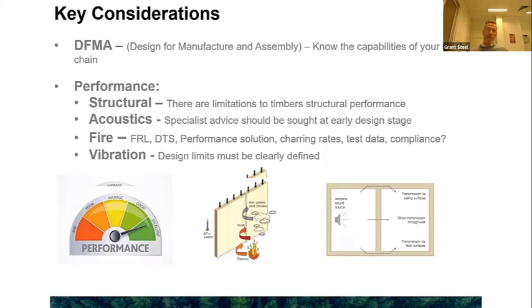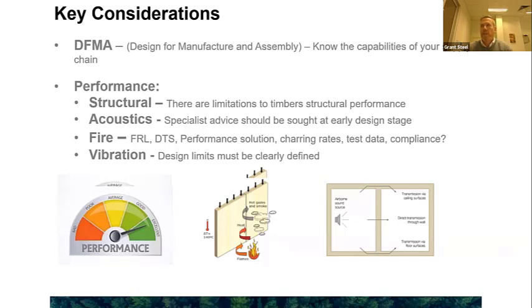On to fire, probably one of, if not the most important topics. So from May 2019, changes were made to the NCC. They introduced the deemed to satisfy provisions, which allowed timber buildings for class 2 to 9 up to effective height of 25 meters. Outside of these parameters, you're into performance solutions.